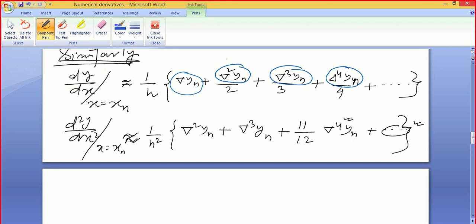Can you remember when we constructed Newton backward interpolation, grad yn, grad square yn, grad cube yn, from where we were picking up those values? These values are the lower diagonal elements. So in the difference table, for the lower diagonal elements, in the first derivative: first difference, plus second difference by 2, third difference by 3, fourth difference by 4. In that way you rearrange, and you will get the first derivative value at the last point.